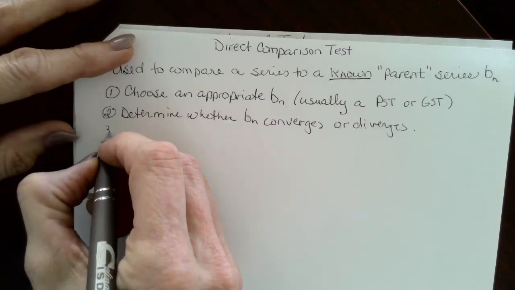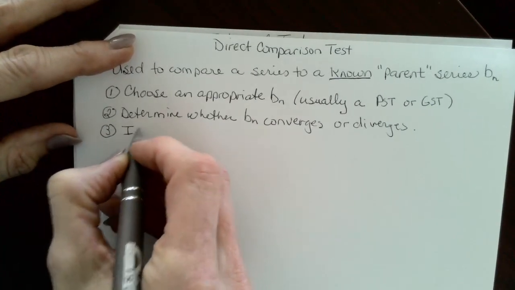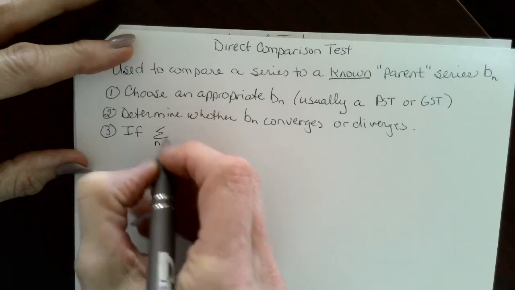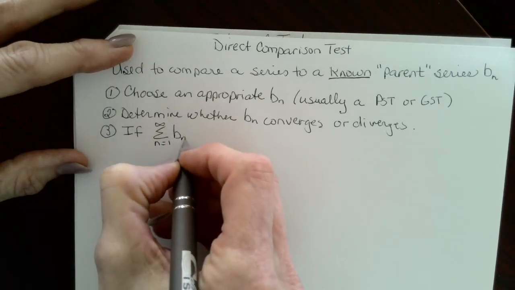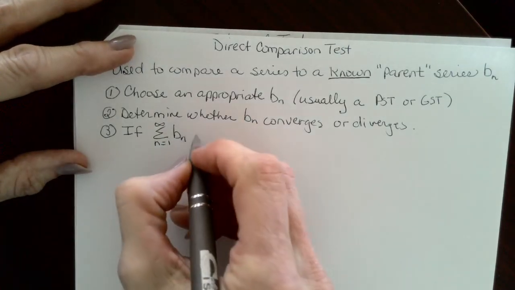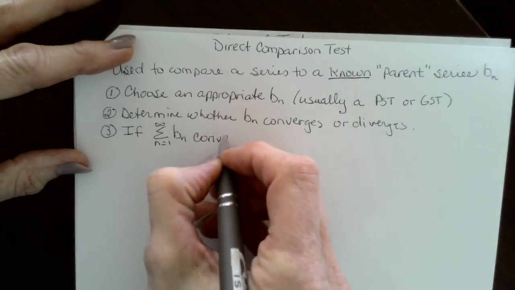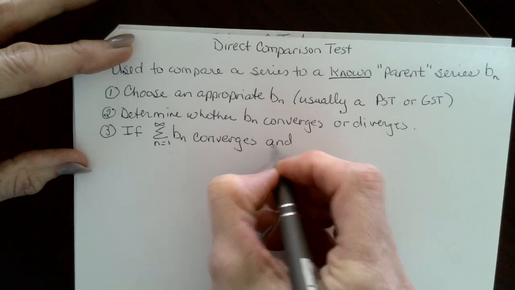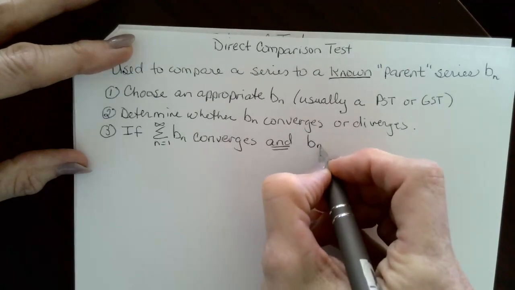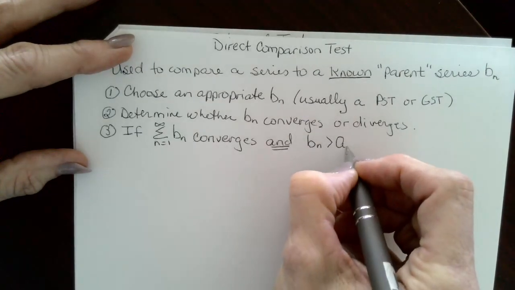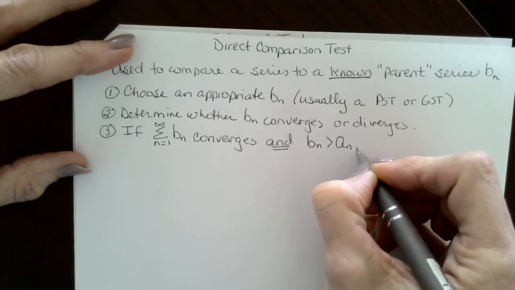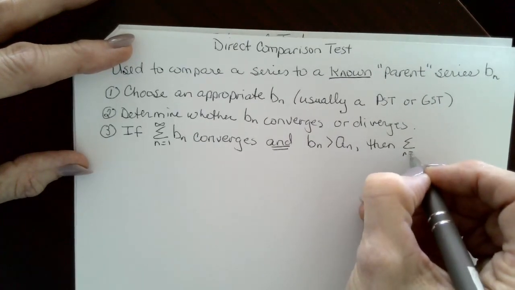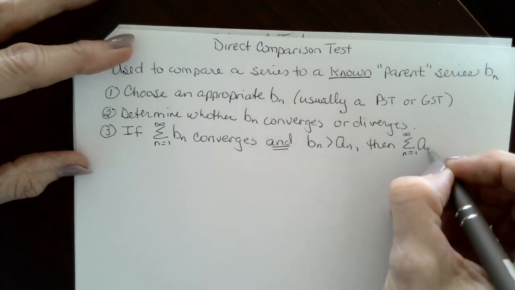Okay, so here we go. If your sigma of B sub n converges and B sub n is greater than A sub n, then your given series with A sub n converges.